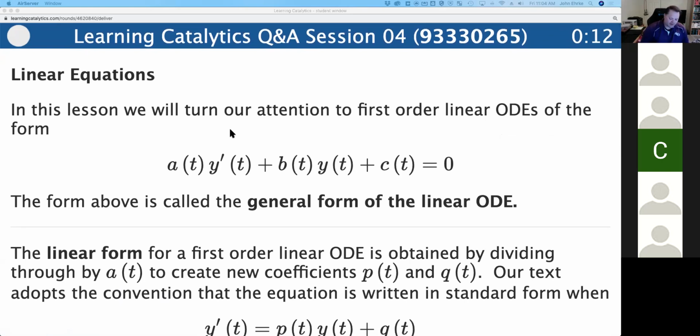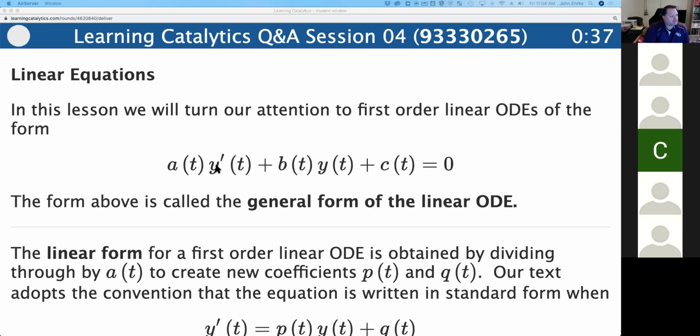All right, so I want to talk a little bit about some terminology here to set us up for class on Monday. All of the equations that we've talked about that are linear have this form. This is what we call the general form of a linear ODE. It almost looks like a polynomial, right?